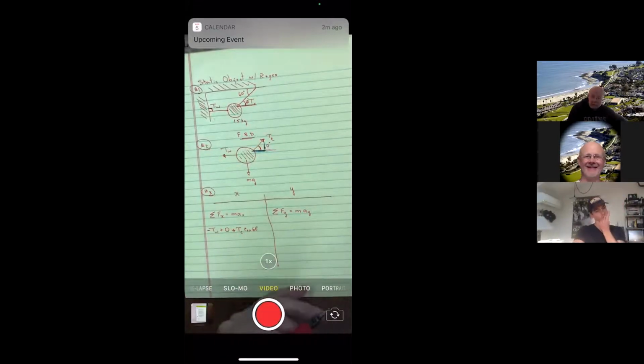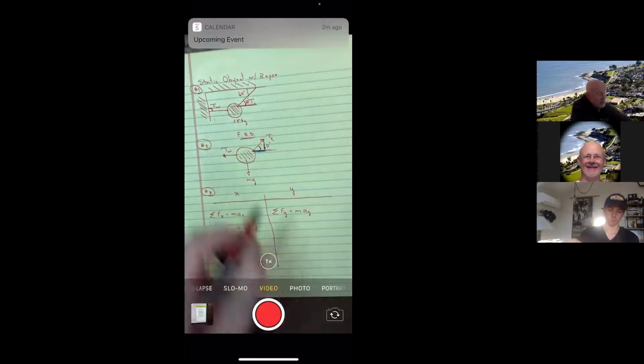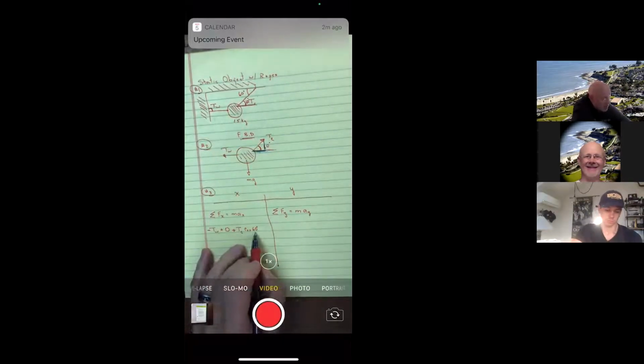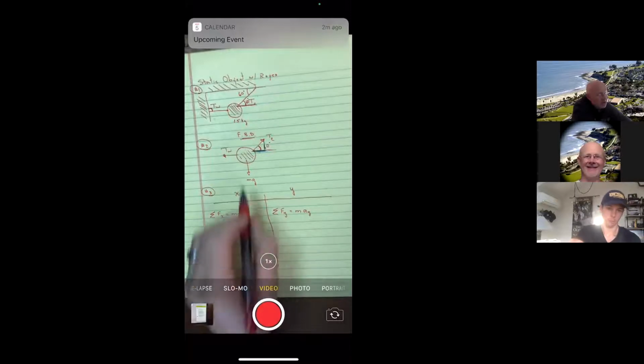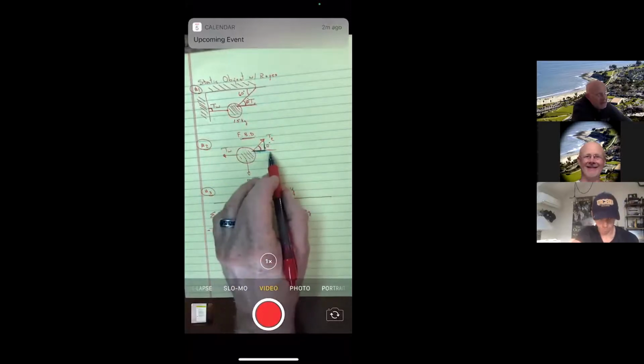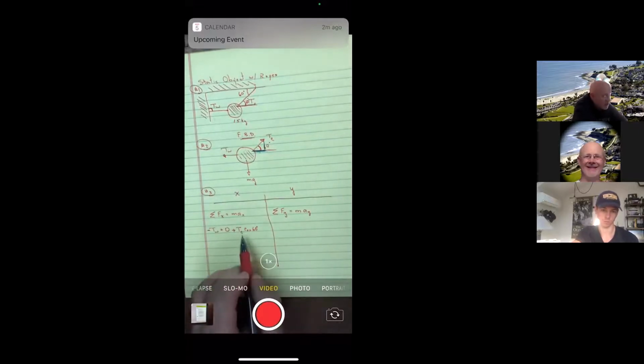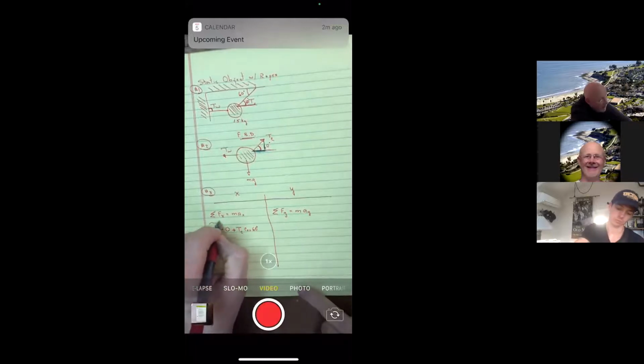So adjacent angle would be 60 cosine. And if it's opposite, then it would be a sine function. But since this angle is 60 and I want adjacent, I did the cosine. So it's cosine of 60. Then I got to look at the picture to see, is this tugging on it in a positive x direction or a negative x direction? And it's clearly a positive x, so I put a positive. So magnitude, component, direction.